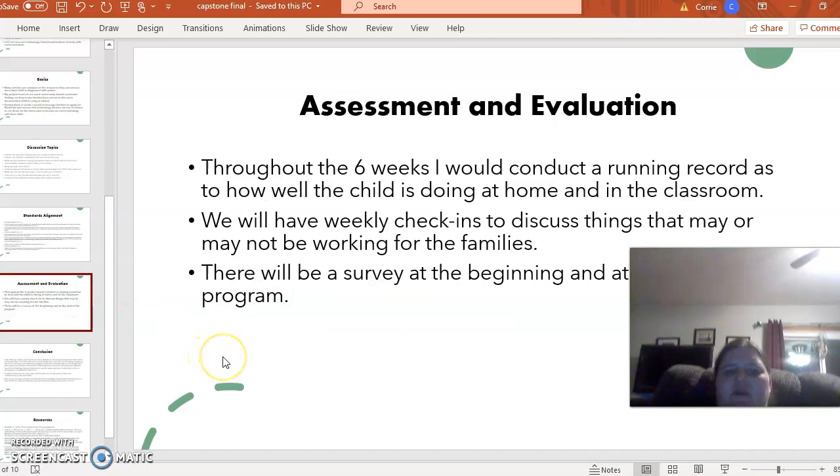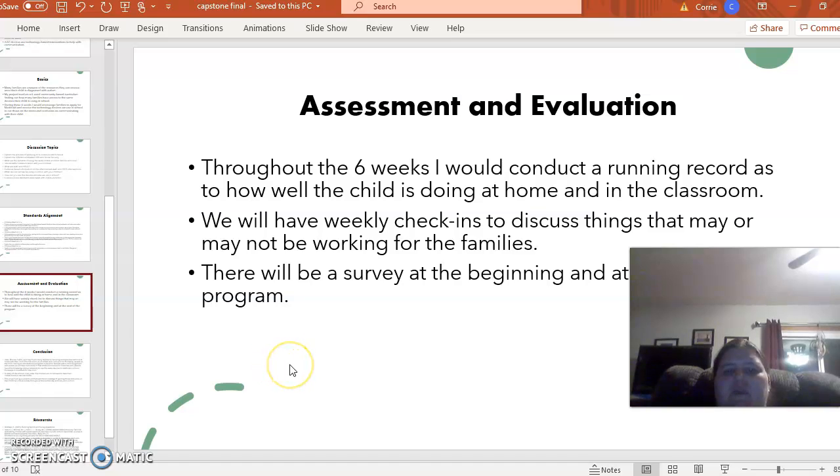For my assessment and evaluations, I would keep a running record of the child and the family. Autism is such an individuality-based disability that it would really depend on the family and their needs as to how we could tweak the program, figure out what we would need to add or take out, or what we would need to concentrate on more, so that the families could get the best out of this program.